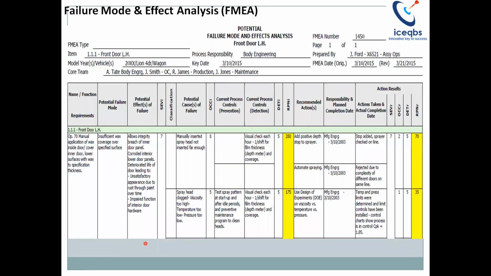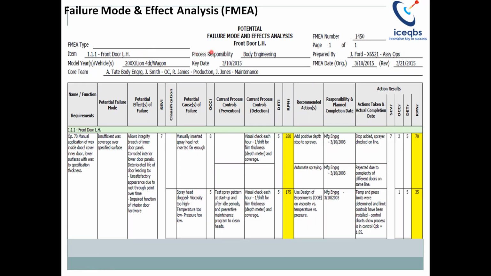So this is the normal template used for doing the FMEA analysis. First the FMEA number, then the FMEA type, whether it is a design FMEA or a process FMEA. Then which item, which may be a product, a service, an assembly, a component, or whatever it is, on which you are going to do the FMEA.